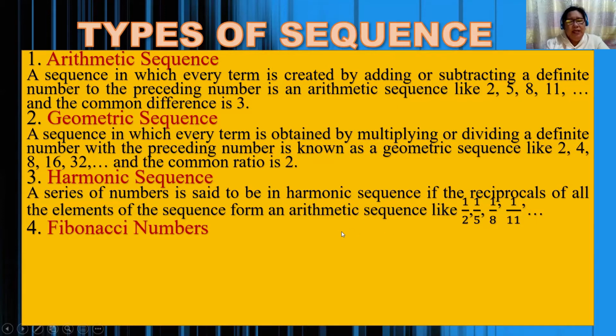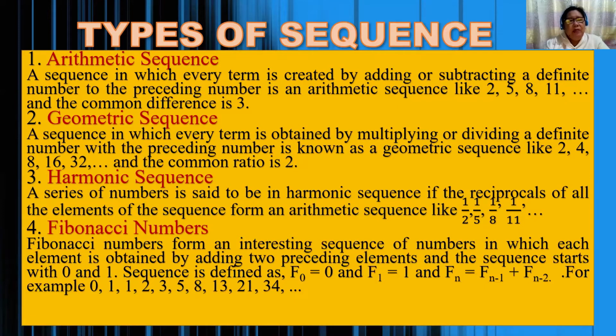The fourth one is Fibonacci numbers. Fibonacci numbers form an interesting sequence of numbers in which each element is obtained by adding two preceding elements, and the sequence starts with 0 and 1.